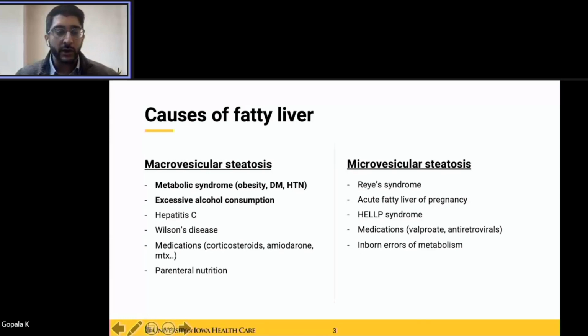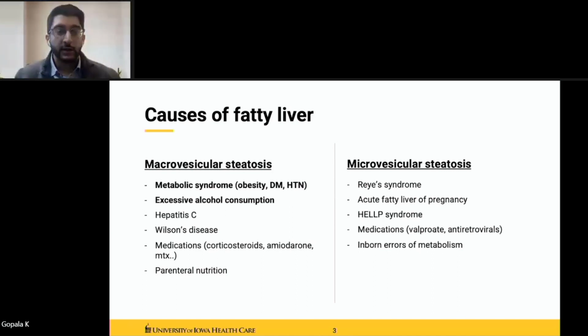And macrovesicular, which is the more common type, would include metabolic syndrome, such as obesity, diabetes, hypertension, hyperlipidemia, excessive alcohol use, hepatitis C, Wilson's, and medications as well.